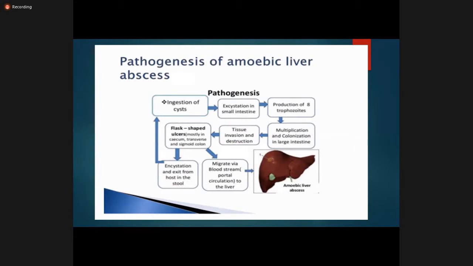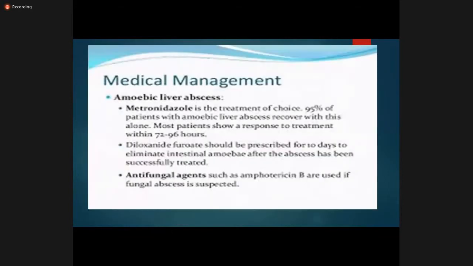Tissue invasion then may occur, and the cyst later on exits from the host in the stool, or they migrate in the bloodstream via the portal circulation. It goes to the liver, and from the liver they form amoebic liver abscesses. These are liver abscesses that are seen. So this is the life cycle for the pathogenesis of amoebic liver abscess.